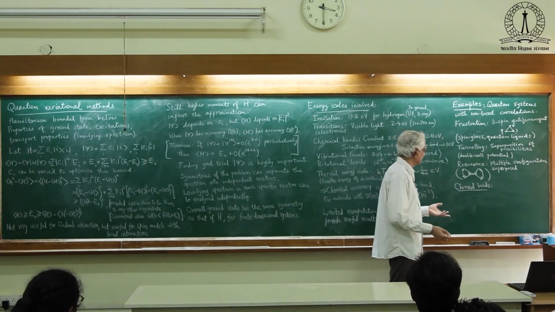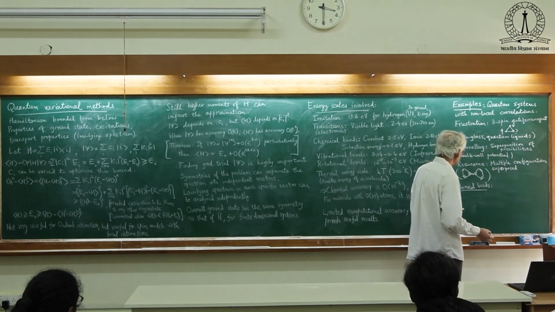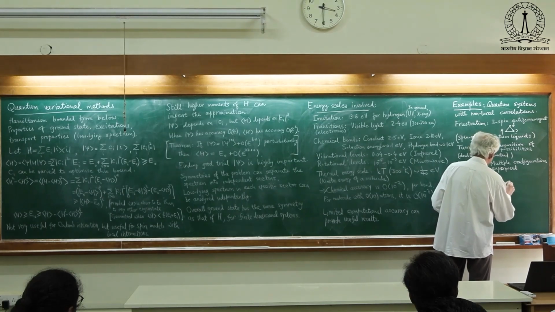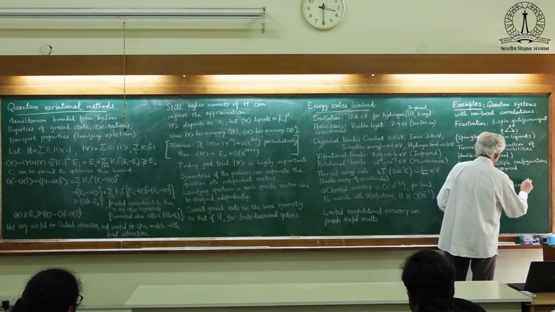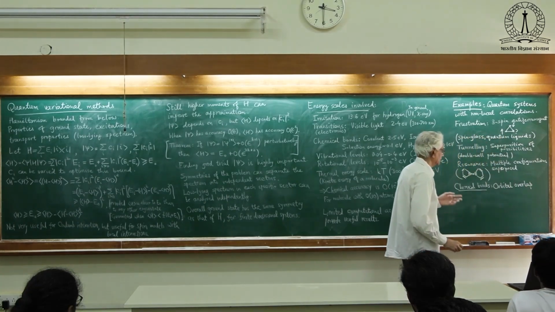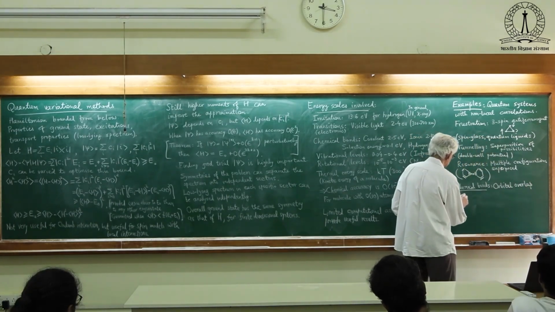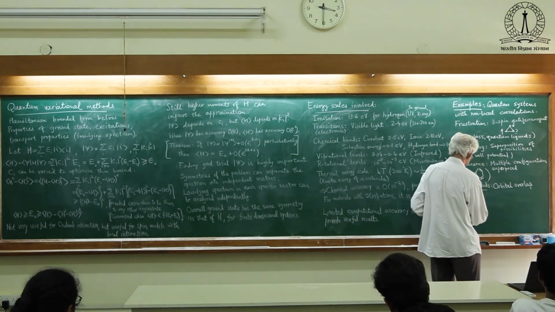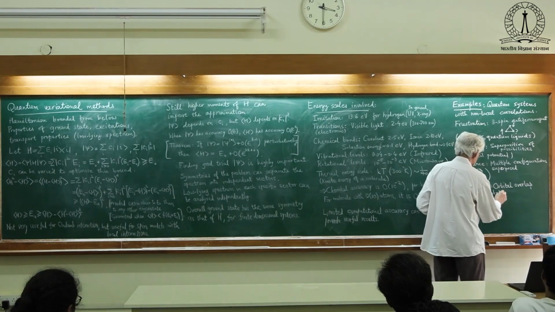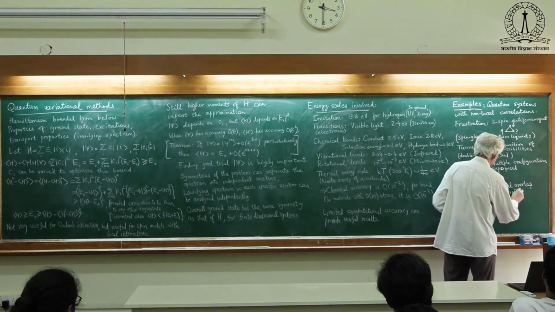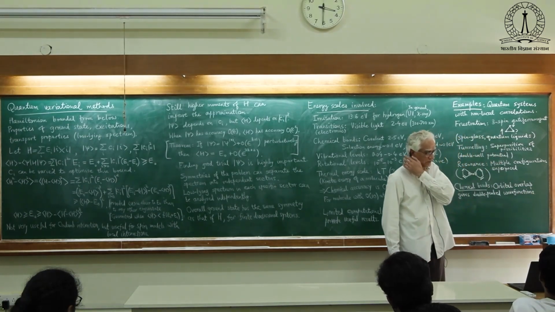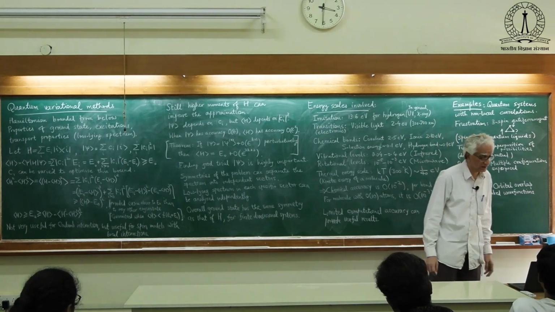And you will find very easily that this orbital overlap gives double-peaked wave functions. It's quite generic.